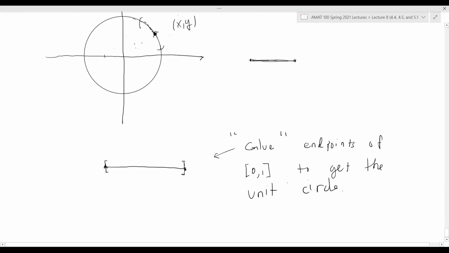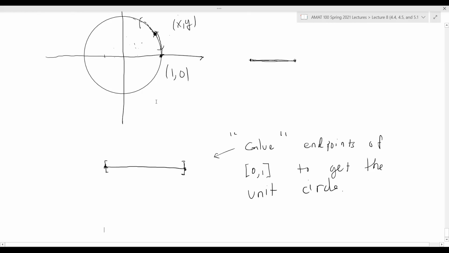So if you're just moving around on the circle, say we're measuring how far we are from this point right here, (1, 0), we're basically measuring arc length. You really only need one number to specify where you are on the circle. So although the circle lives in 2 dimensions, which is our usual way of thinking about it, if you're on it and that's your universe, it's really just a one-dimensional object.